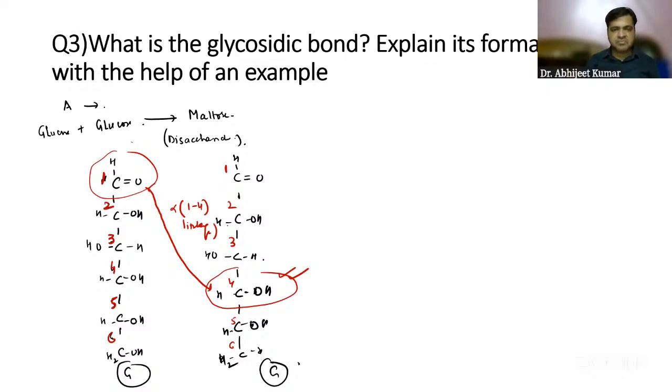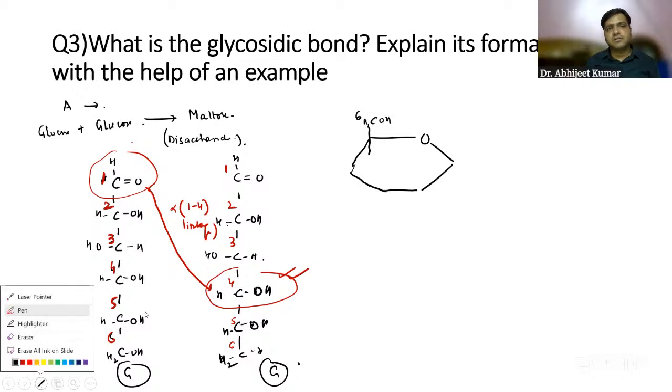Now, if we take the first glucose over here, we are starting with the sixth carbon, right? The sixth carbon basically contains CH2OH, right? CH2OH.